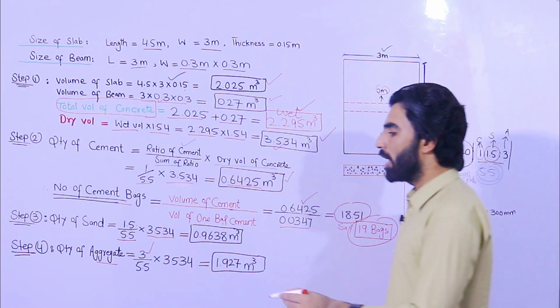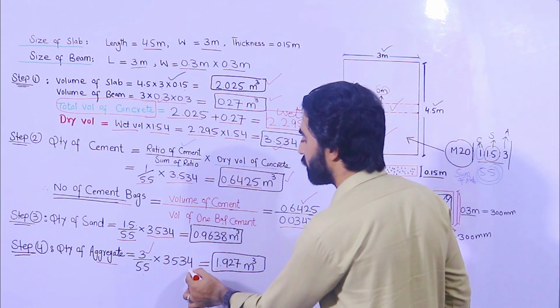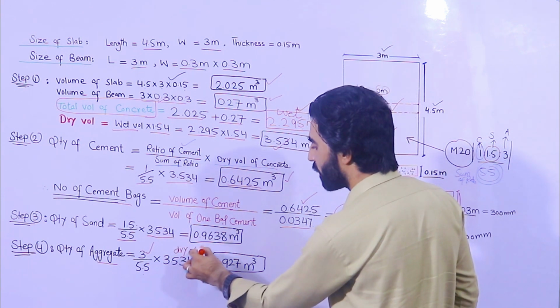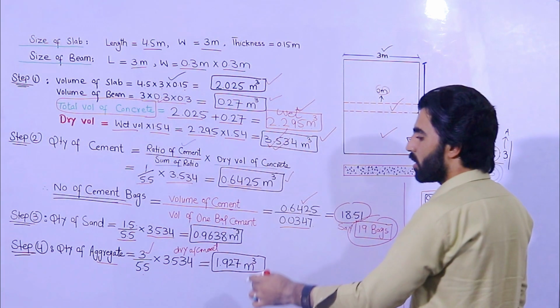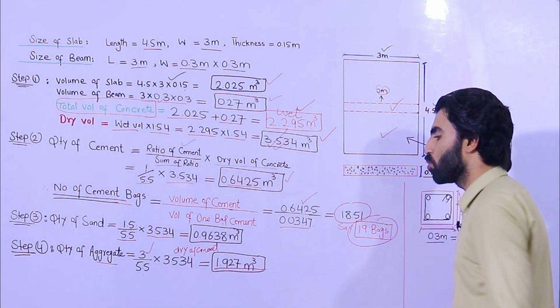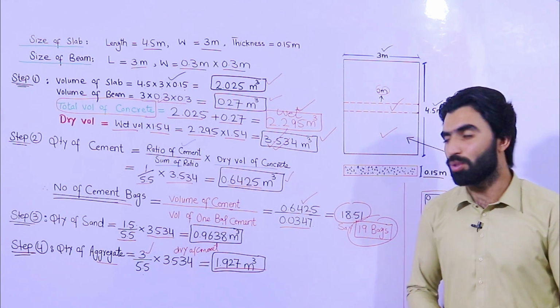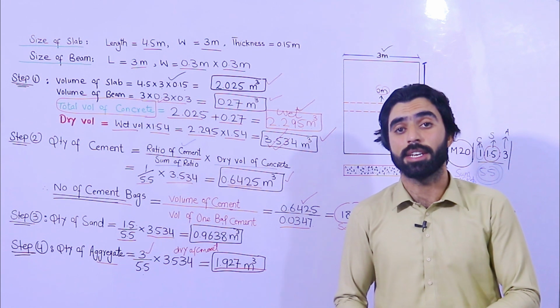So 3 parts divided by 5.5, the sum of ratio, multiplied by 3.534, the dry volume of concrete. When you do the calculation, we require 1.9427 meter cube volume of aggregate. So this is how to calculate the quantity of cement, sand and aggregate.